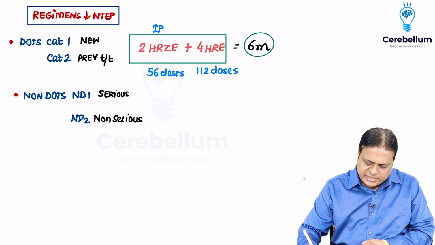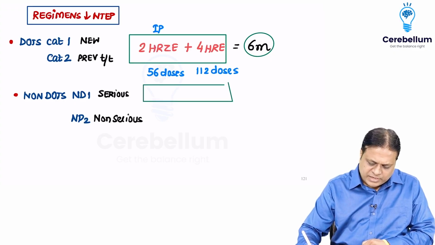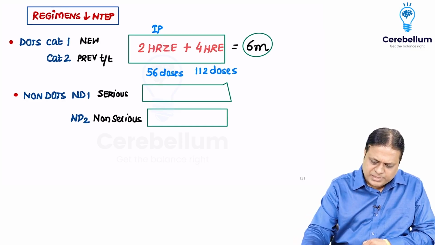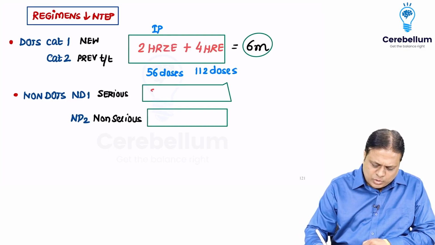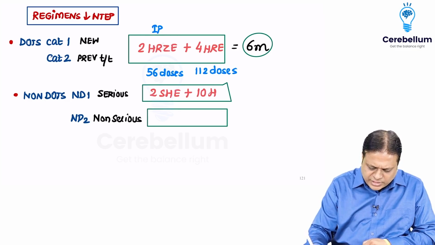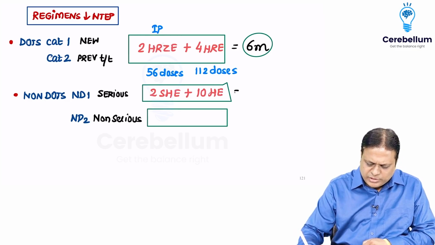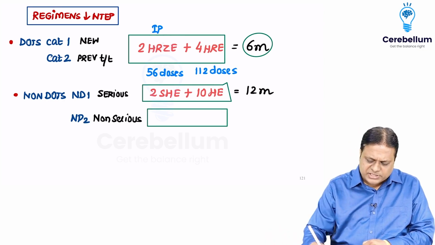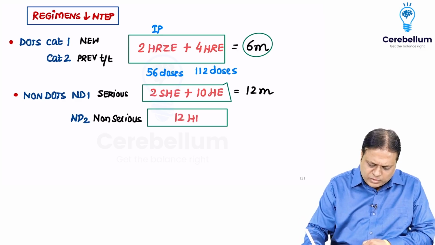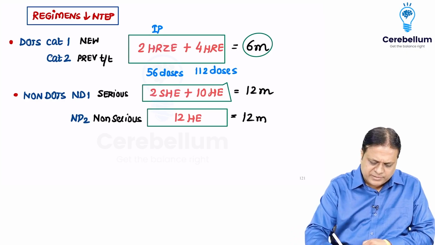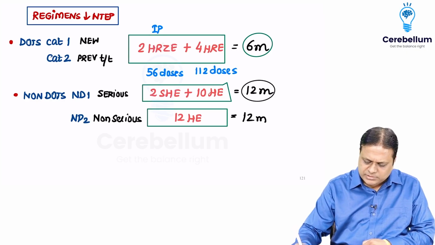What are their treatment regimens? When we look at ND1, here the patient is given 2 months of SHE and 10 months of HE. Total duration of treatment is 12 months. ND2 category patients are given 12 months of 2 drugs HE. Again, total duration of treatment is 12 months.